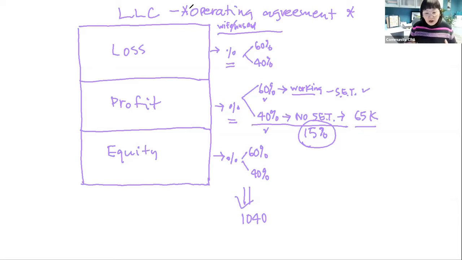If you are partner with somebody else, for example, you partner with somebody and they give you money and you work, and this person is wealthier than you are. Your agreement could be that if there is a loss, this person has 90%, you have 10%.